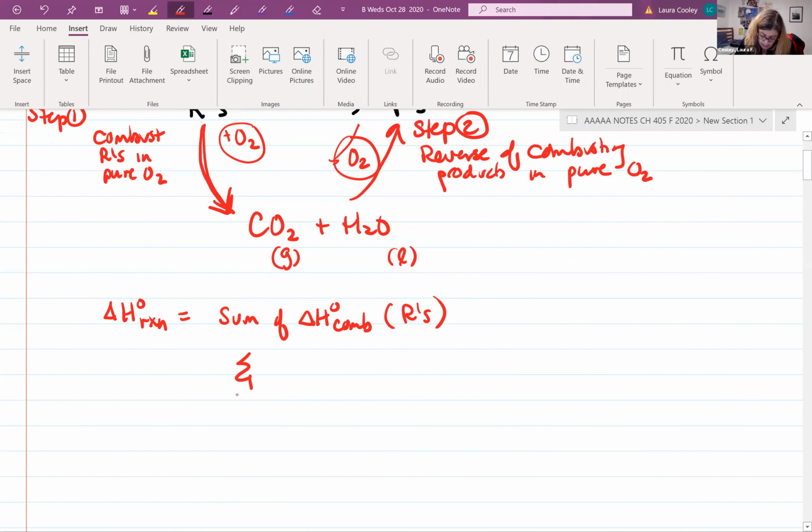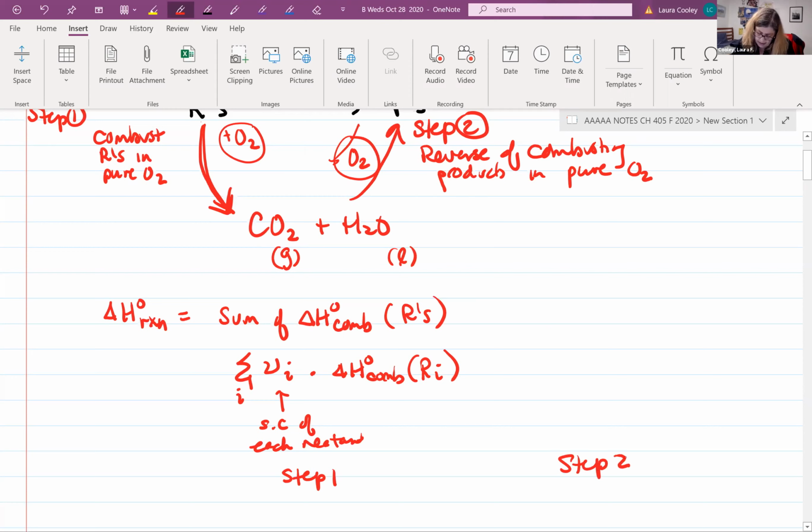This is going to be the sum over i of the stoichiometric coefficient of each reactant multiplied by the delta HC0 of the ith reactant. That's step one. And then step two is the negative of the sum of the heats of combustion of the products.